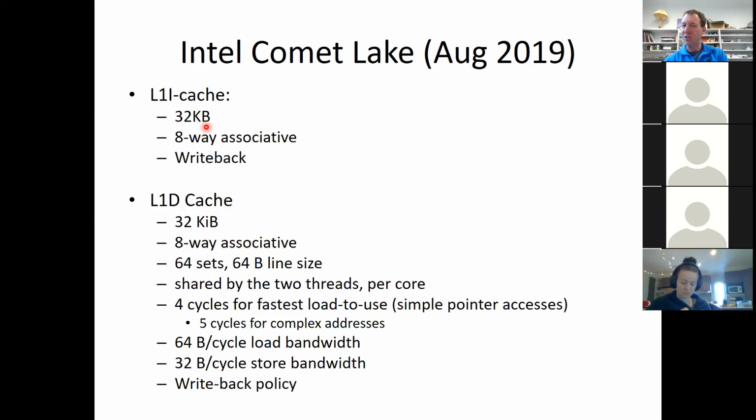So it seems that an L1 cache of 32 kilobytes is still an optimal compromise between achieving high enough performance and minimal cost. The associativity hasn't changed, it's still 8-way. How the cache lines are organized hasn't changed, it's still 64 sets of 64 bytes.